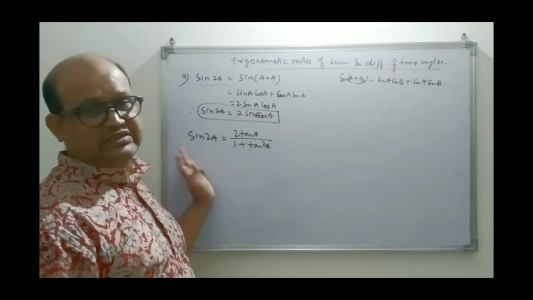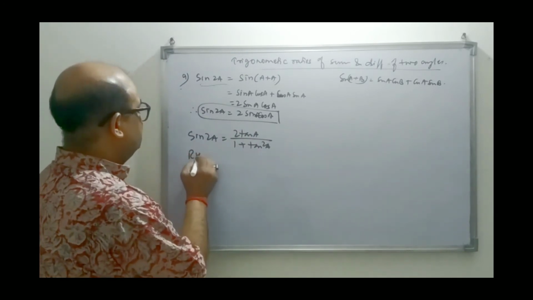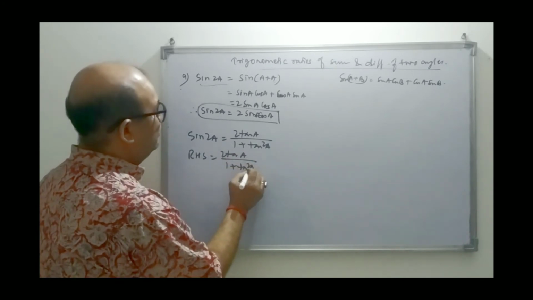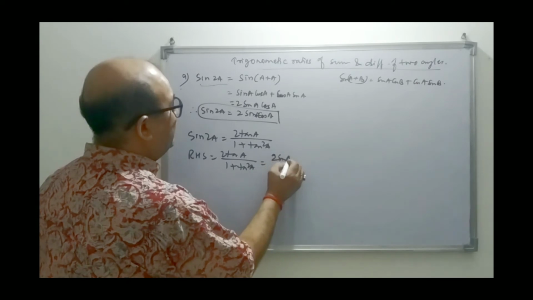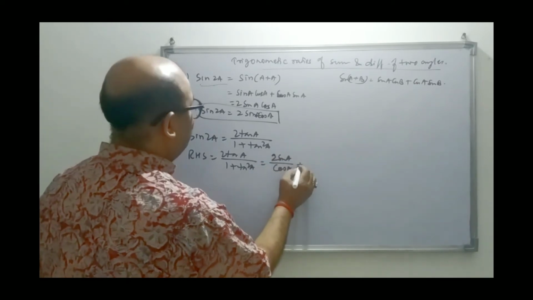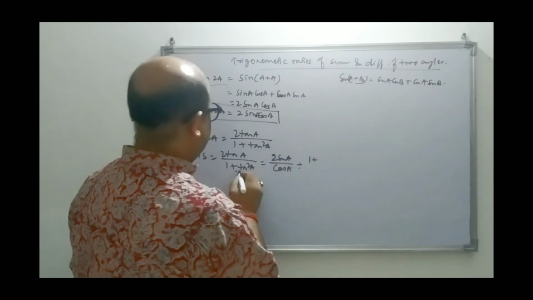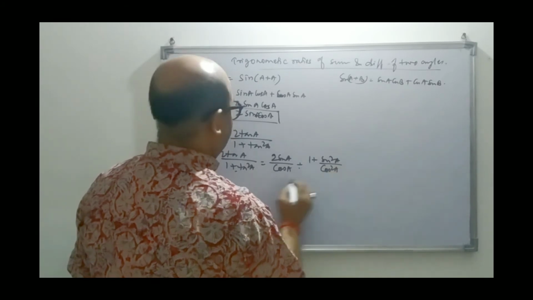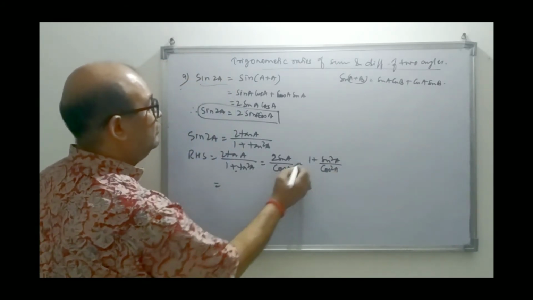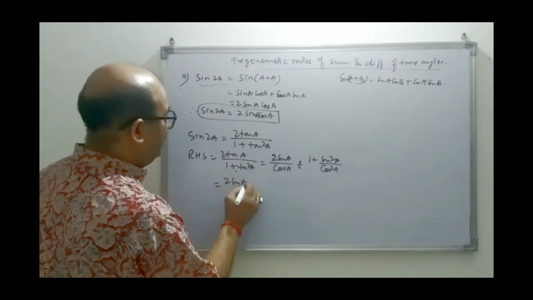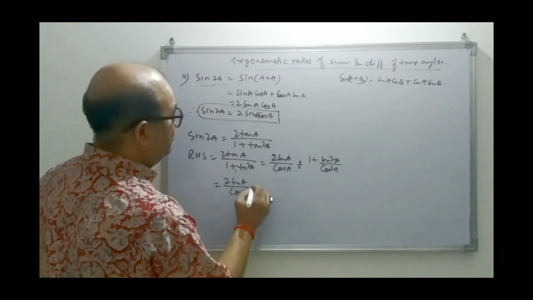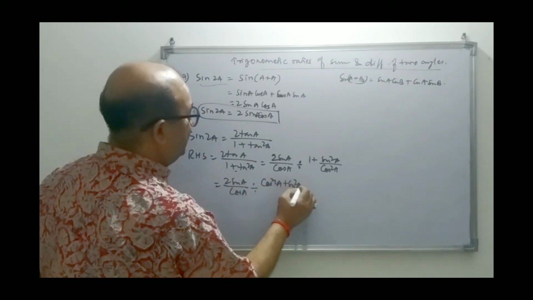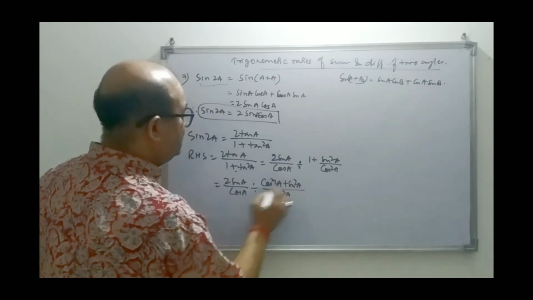I'll prove it from the RHS. RHS equals 2 tan A upon 1 plus tan square A. That is 2 sin A by cos A, divided by 1 plus sin square A upon cos square A. You take LCM: cos square A plus sin square A upon cos square A. This is 1.